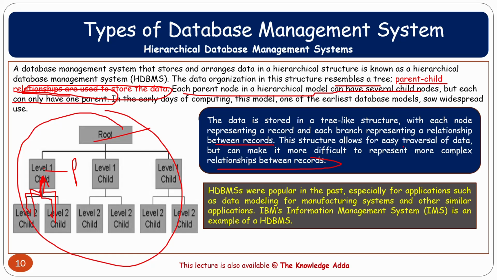Suppose this is a parent, and this is a child again. If we try to make a grandchild, the retrieval of data can be tough and can take more time compared to the earlier structure.